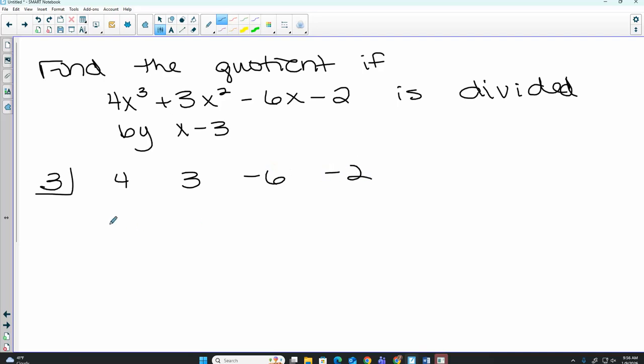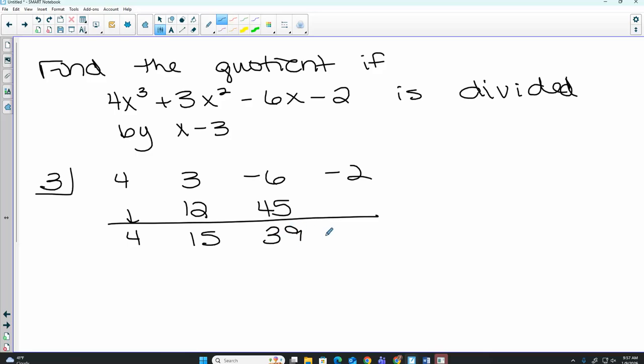-6, -2. 4 comes down, 4 times 3 is 12, plus 3 is 15. Times 3 is 45, plus -6 is 39. Alright, does it mean we did it wrong if we're getting big numbers?